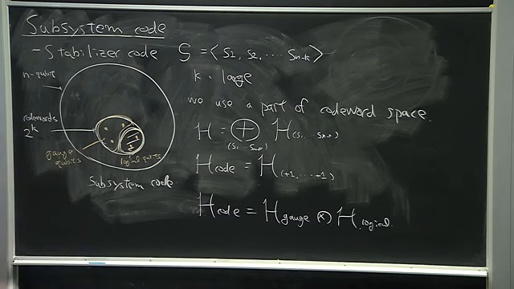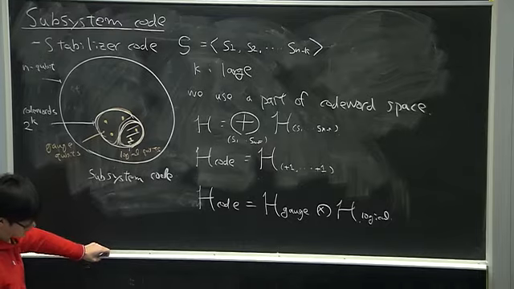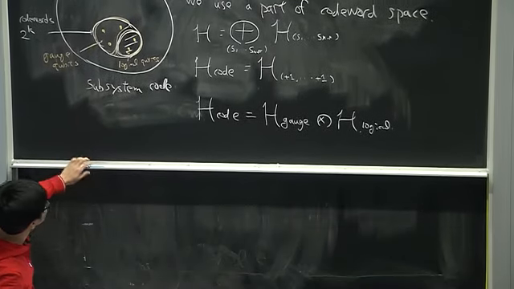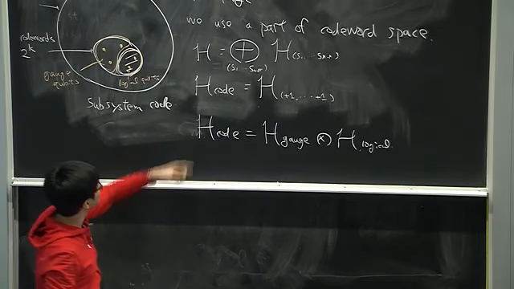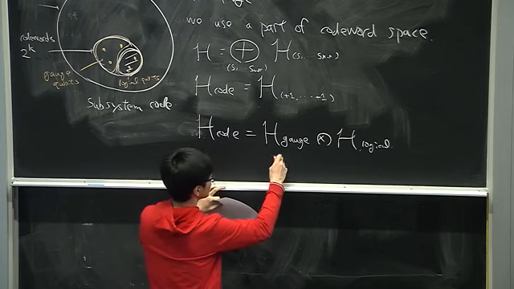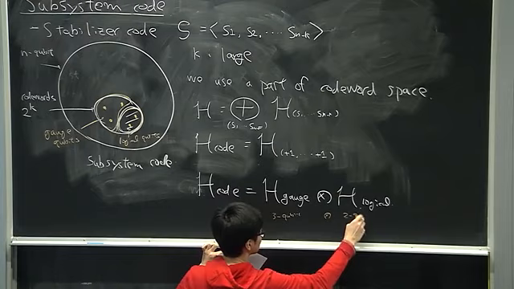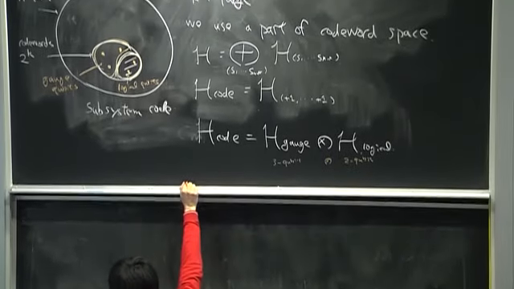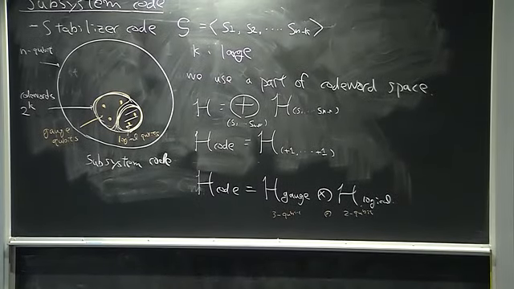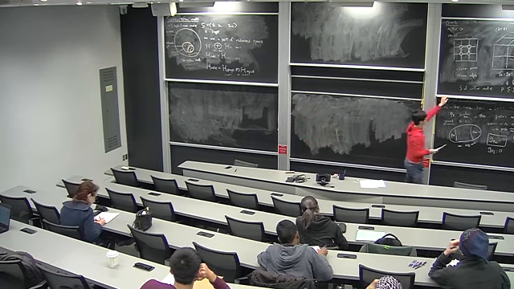We use this word gauge because we don't care what their states are. So in this case, the code word space is partitioned into 3 qubits times 2 qubits in some nice way. So this is the idea of the subsystem code.